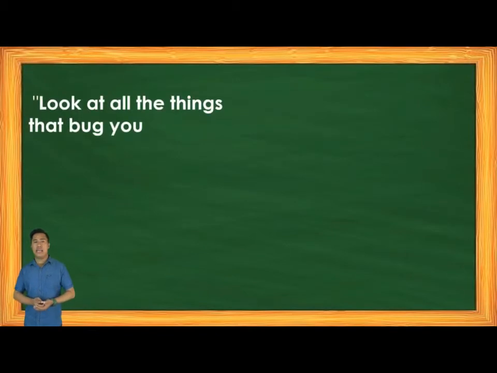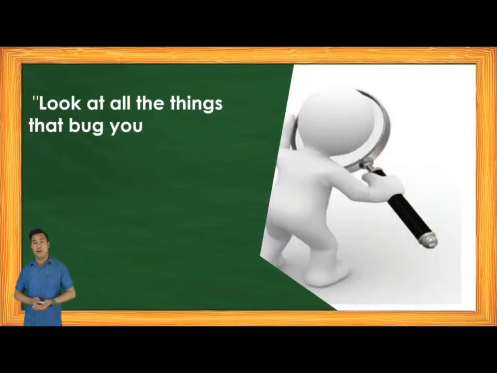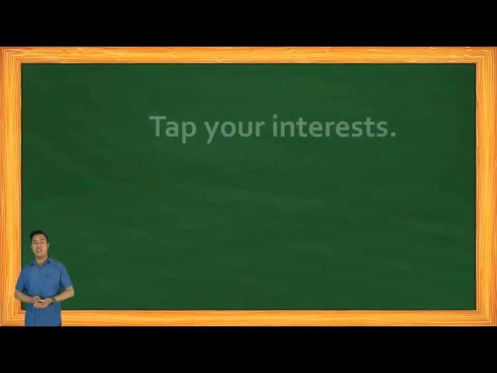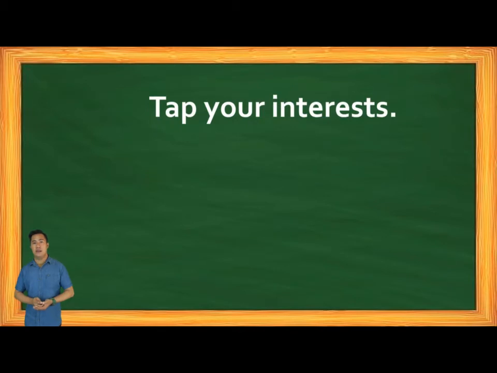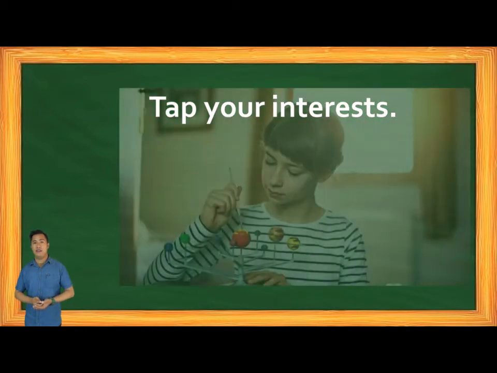Look at all things that bug you or bother you or may have given you problems. So look for it and solve the problem. Next, you have to tap your interest. By tapping your interest, you will be able to do what is best for you and for your business, as a hands-on businessman or woman.